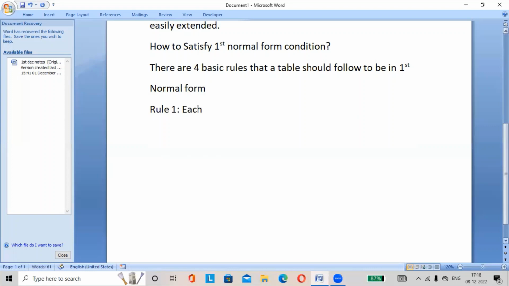Each column must contain atomic values. Is it clear what is the meaning of atomic values, everyone? Yes, understood.